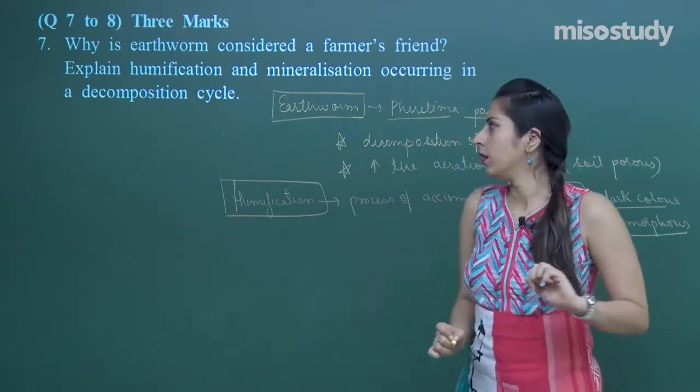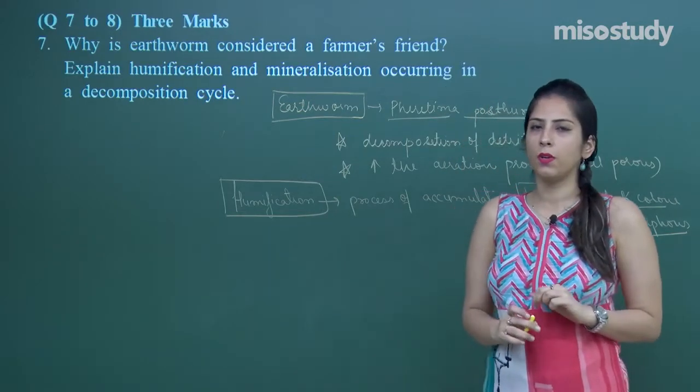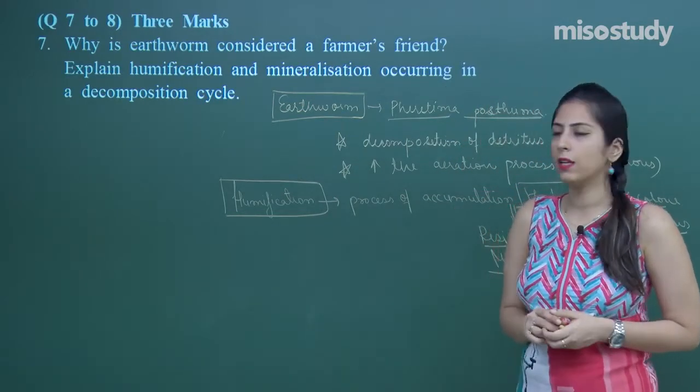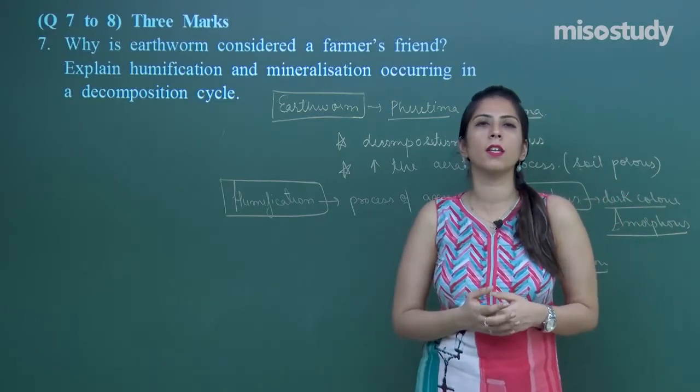The second process they are asking about is the mineralization step. Mineralization is when this humus is broken down into smaller inorganic substances.